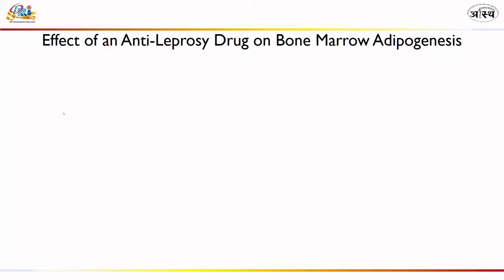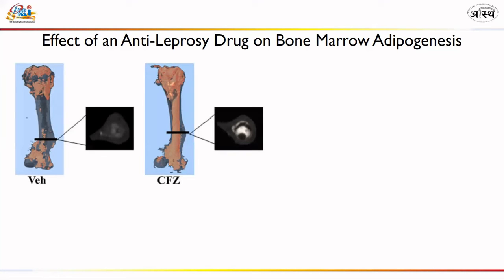So we actually found a new use of an anti-leprosy drug called clofazimine. And this clofazimine causes osteonecrosis. How? It switches the bone marrow resident MSCs, mesenchymal stem cells, into adipocytes. So the entire bone marrow is filled with adipocytes.